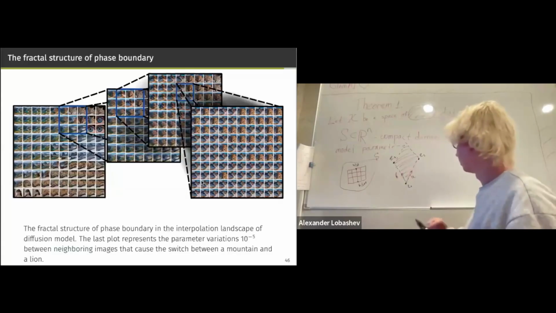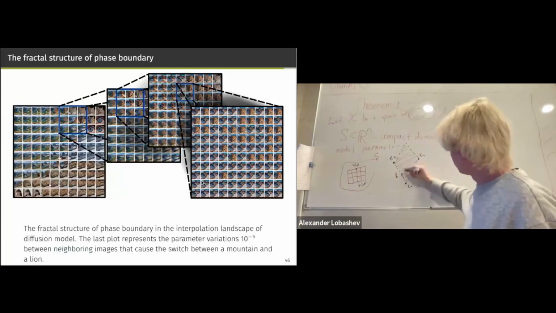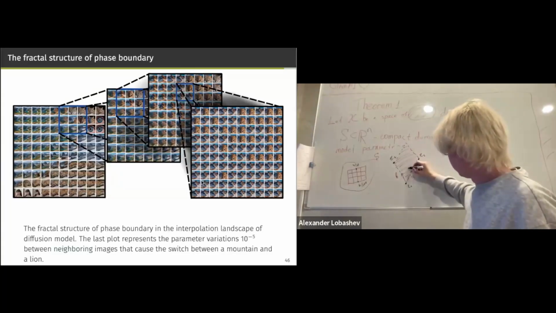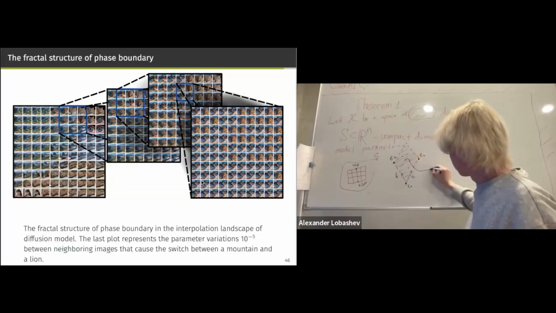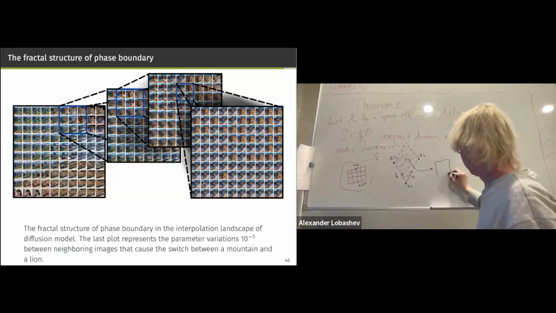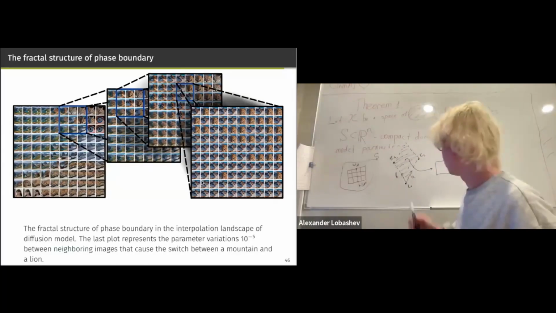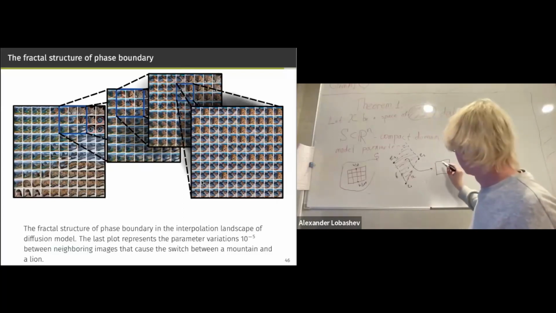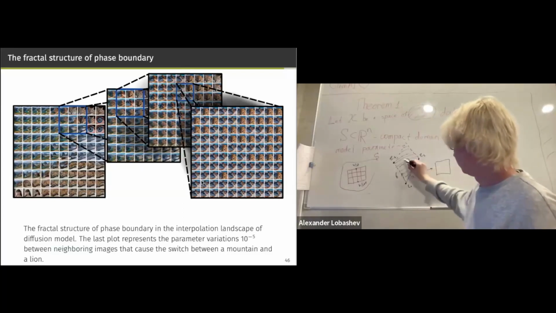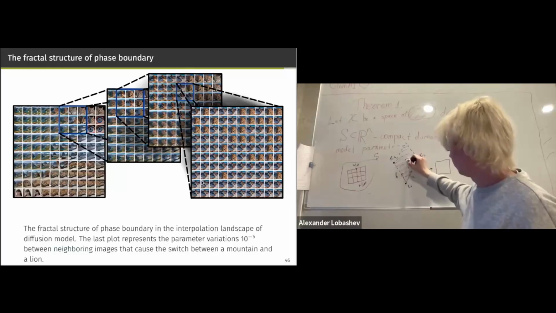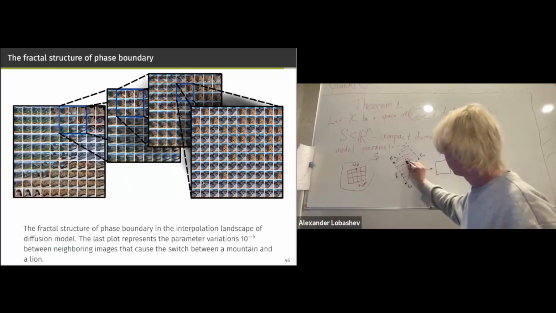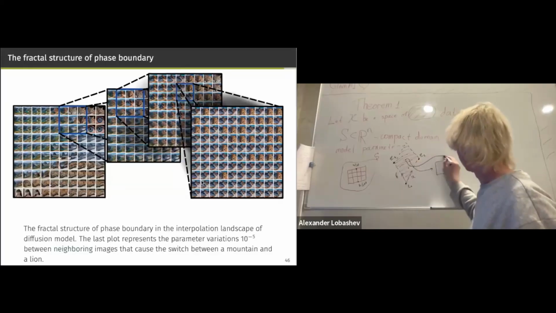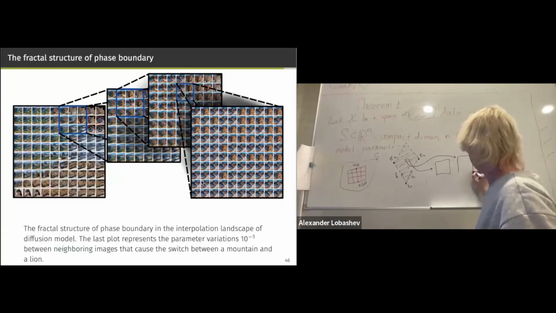We generate a uniform distribution of points in this latent space, for every point we generate an image, and then we train a U-Net to reconstruct this distribution on the space of parameters from several images generated from close points in the latent space.